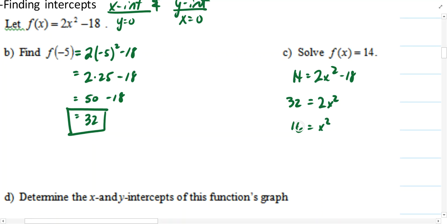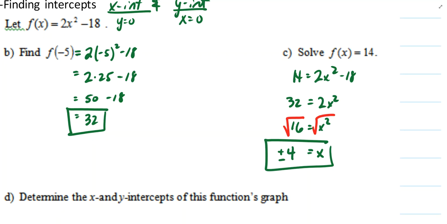And you've got to be very careful here and recall that when the square root was not present in the original problem, we must be prepared for two solutions. The square root of 16 is not only 4, but also -4 as well.